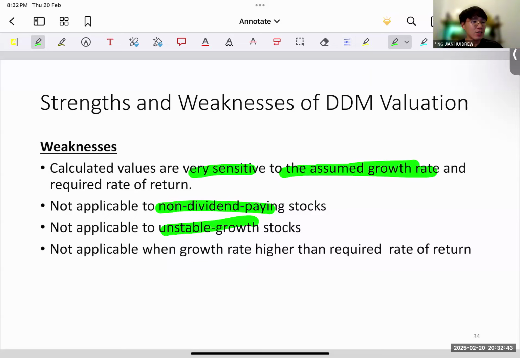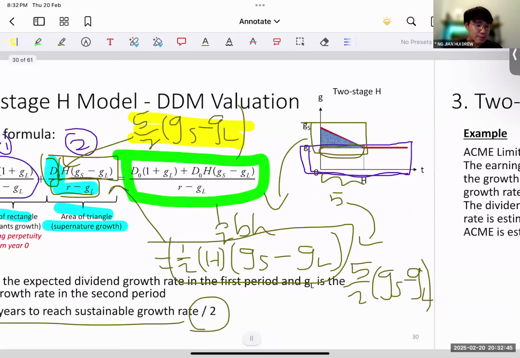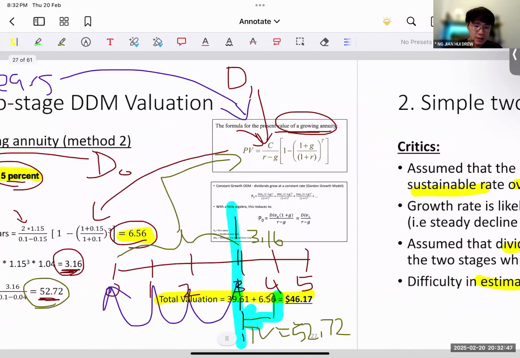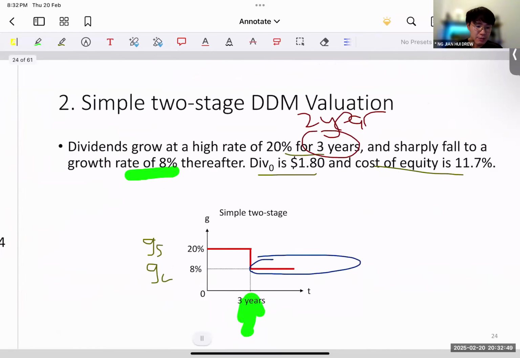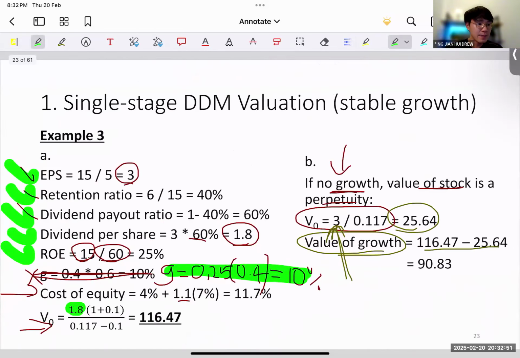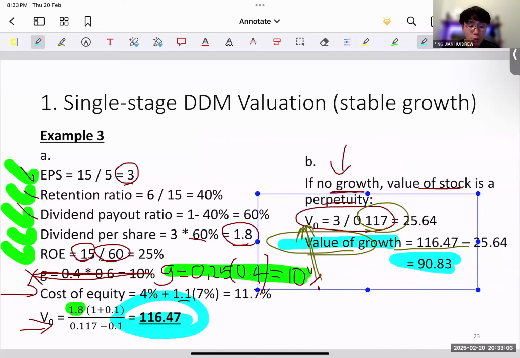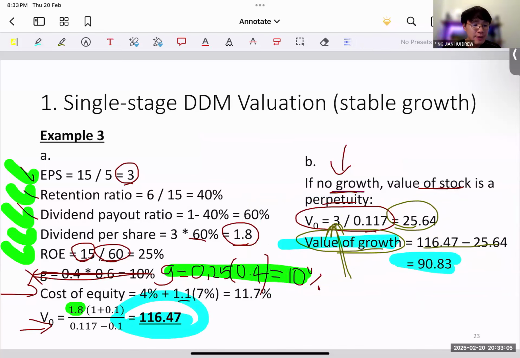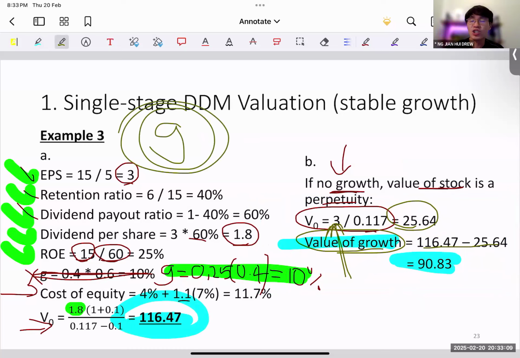Recall that I'm just going to flip back to show you an example here. The example that we did. Can you see this one? The value of the growth. So what's the value of growth? The value is $90 out of 116. That's a lot just based on growth. So everything is based on this thing G, right?